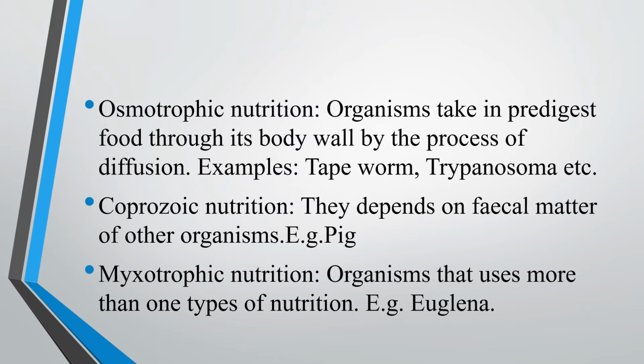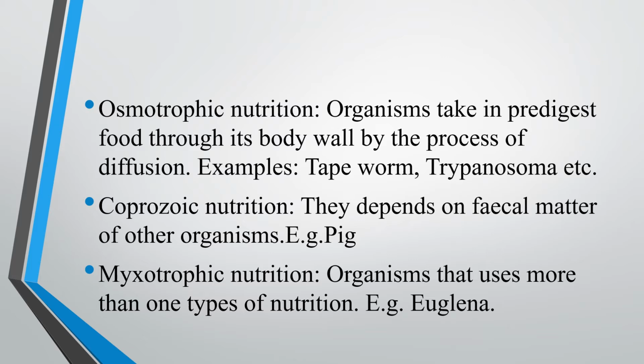Some more examples we can see: osmotropic nutrition, coprozoic nutrition, and mixotropic nutrition. Osmotropic nutrition is where they get the food in the digested form. Best example, tapeworm, inside our intestine. The food which is already digested is received by the tapeworm through the process of diffusion.